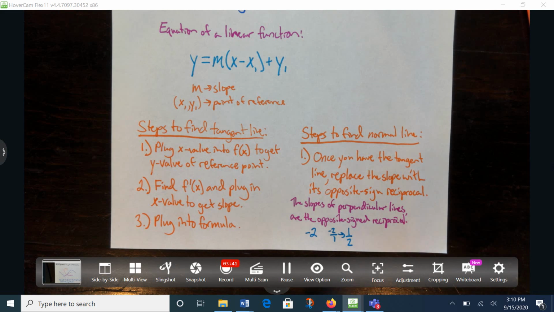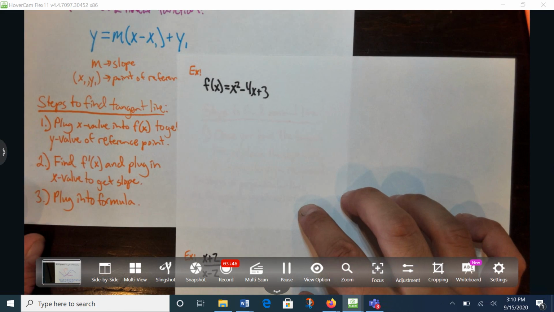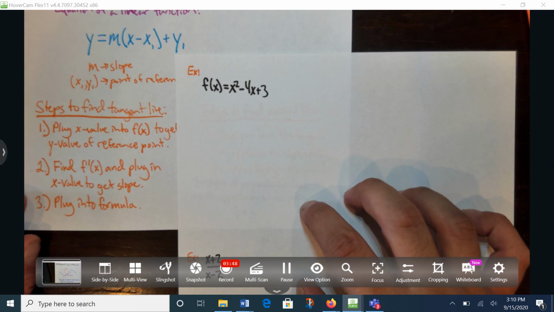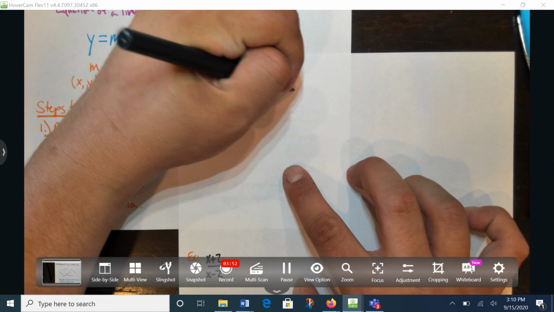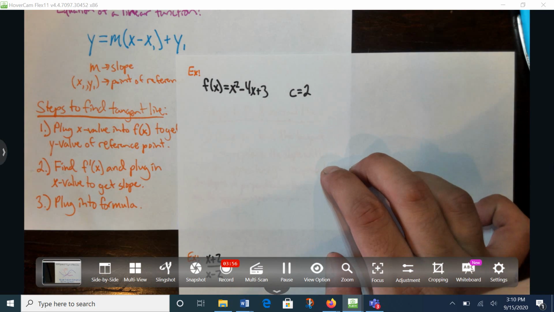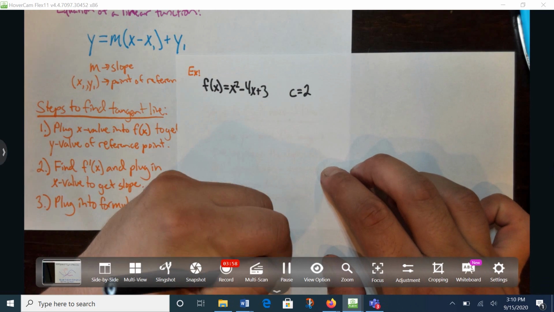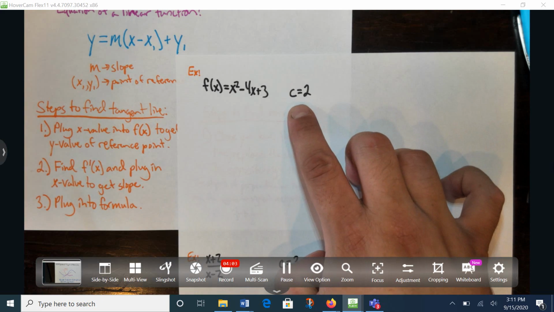So let's go over some examples here, and we will follow these steps. Oh, and I didn't write our c value, so c equals 2. Our c value is really the x value of concern, but we just call it c sometimes.